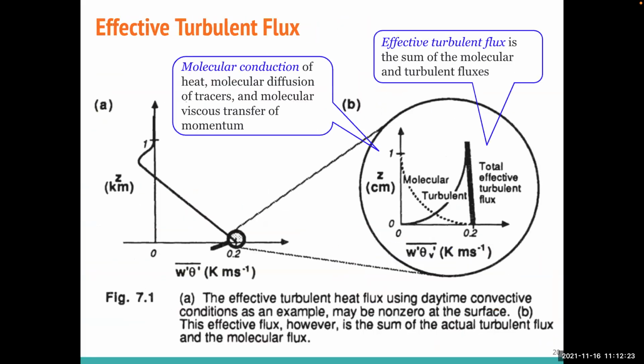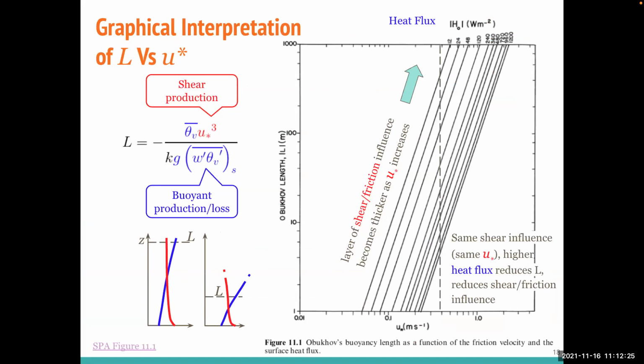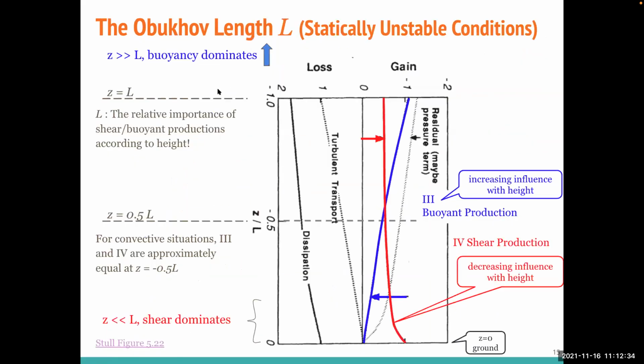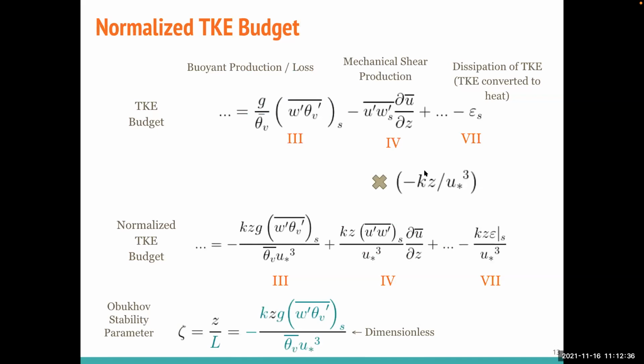So two of you asked what is the difference between having this L and the Richardson number. Okay, so here you are doing the multiplication to make the whole equation dimensionless, right? Why do we need to make it dimensionless?